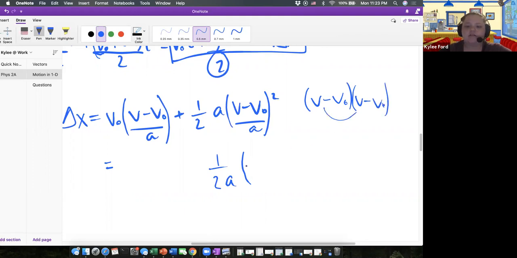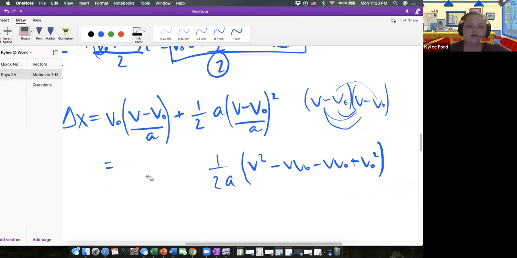We got v squared minus v naught minus v naught, plus v naught squared. I know this is kind of tedious and I'm showing you all the little algebra stuff, but sometimes it helps to work it all out. Okay, so then we have v naught minus v naught squared over a.